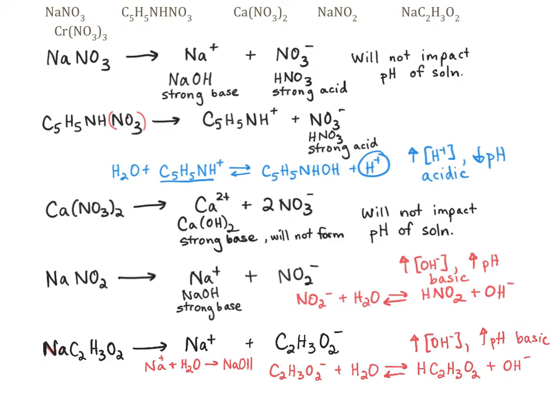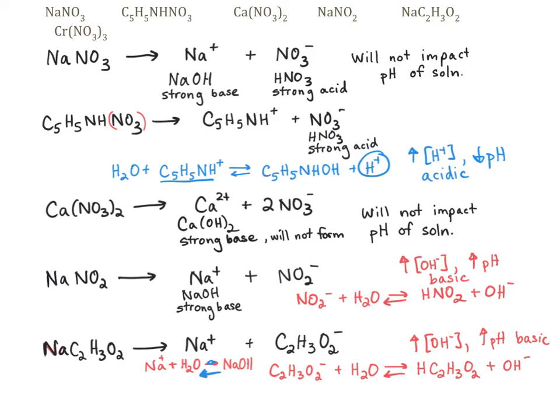Because it's a strong base, this reaction only goes this way, and we only use a one-way arrow. You can't have sodium recombining to make NaOH. So if the ion would become a strong acid or base when it combines with water, then that combination won't happen, and it will not affect the pH of the solution.